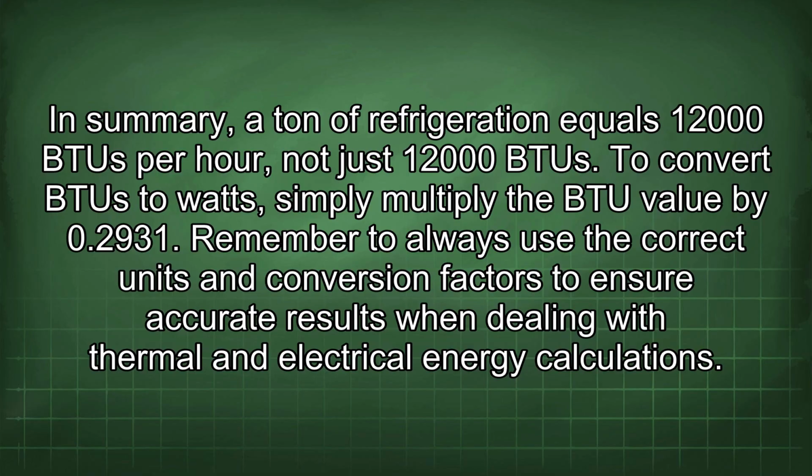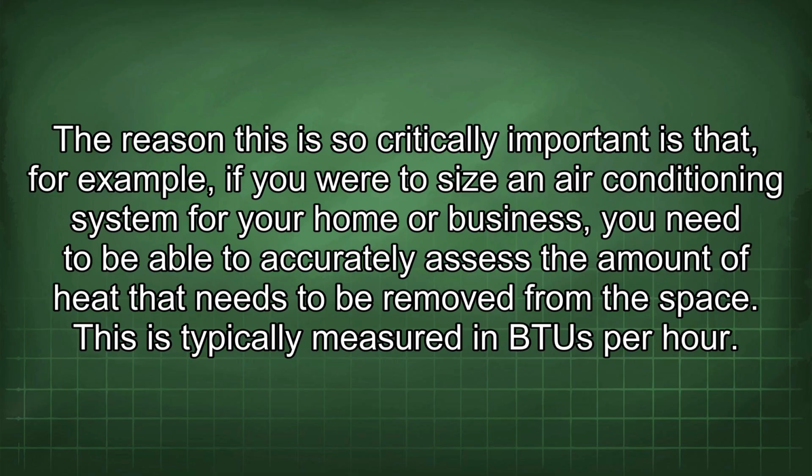The reason this is so critically important is that, for example, if you were to size an air conditioning system for your home or business, you need to be able to accurately assess the amount of heat that needs to be removed from the space. This is typically measured in BTU per hour.